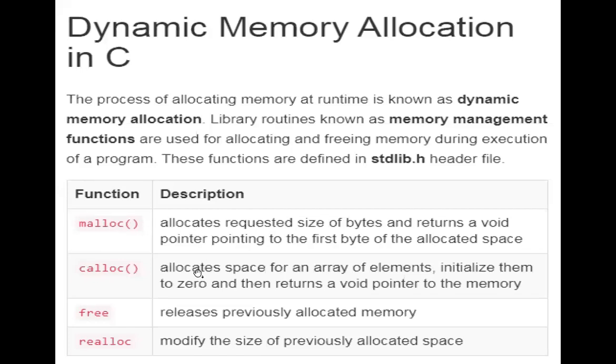If I want 3 or 4 blocks of 100 bytes, that is, 3 blocks of 100 bytes means I need 300 bytes, I am going to use calloc. One block means I am going to use malloc. More than one block means I am going to use calloc. But either can be used in place of the other. Both have the same purpose of allocating the memory.